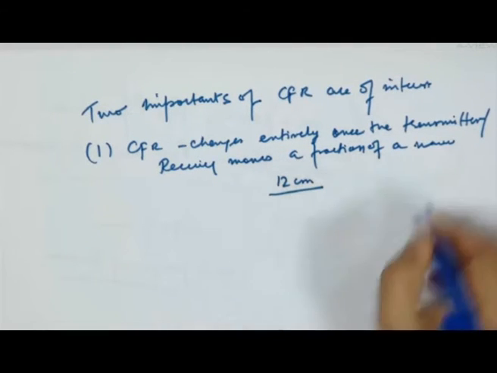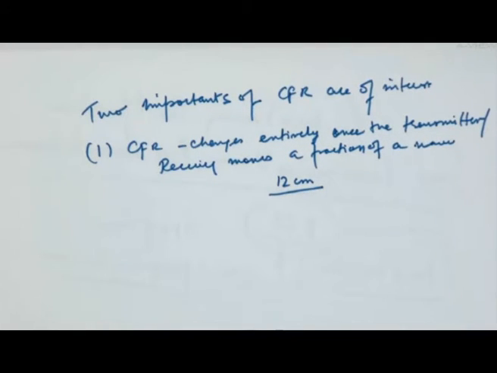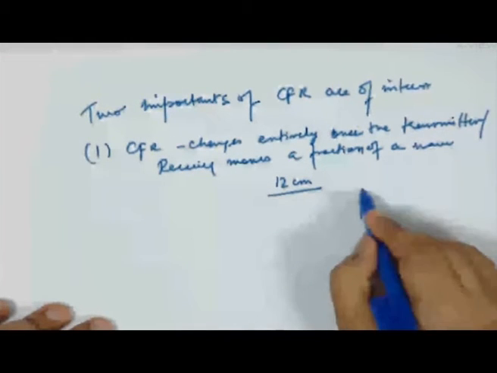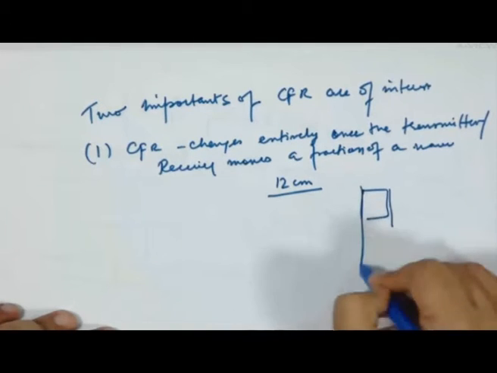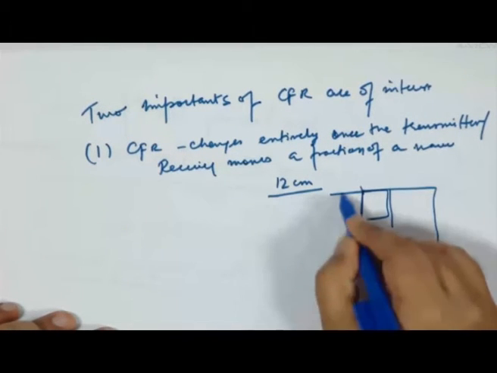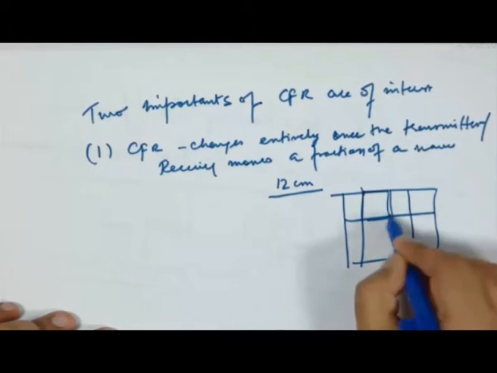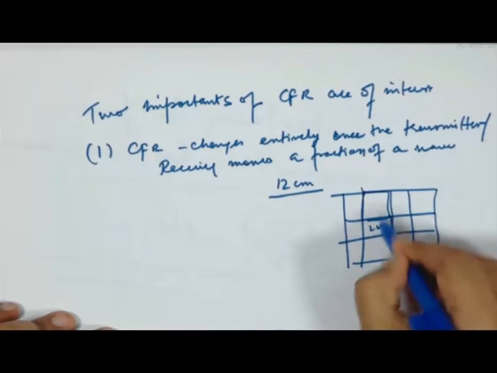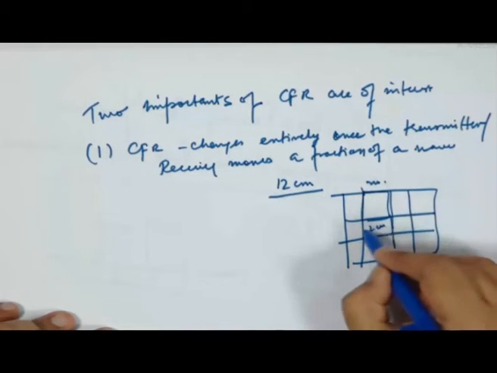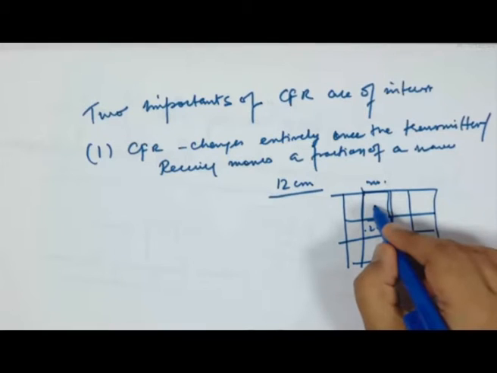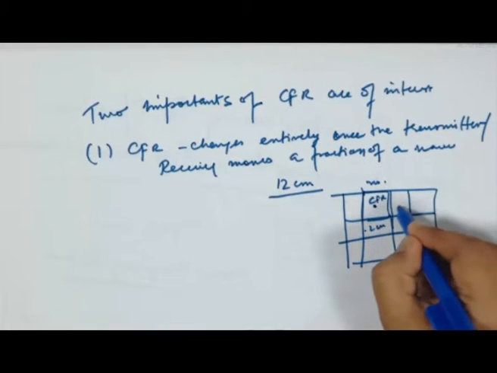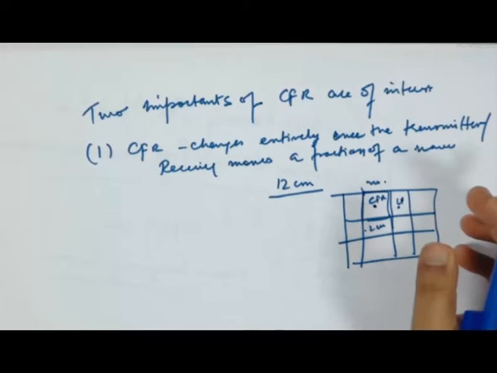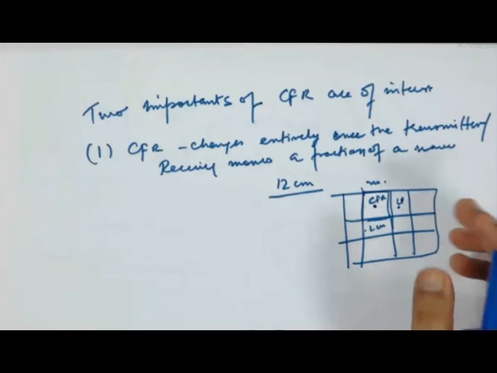So what is happening? The intuition is that if I move 12 centimeters, I am breaking the entire floor into small grids of 12 centimeters by 12 centimeters, and if I see the channel frequency response here, the channel frequency response in the next grid would be different.